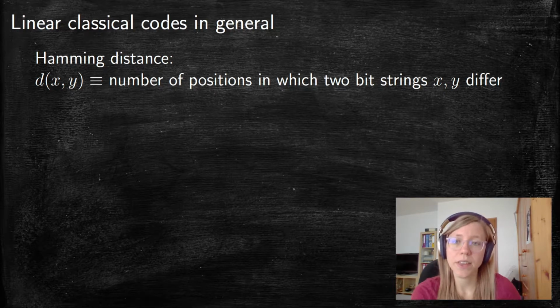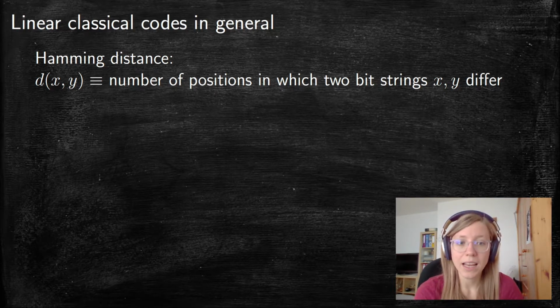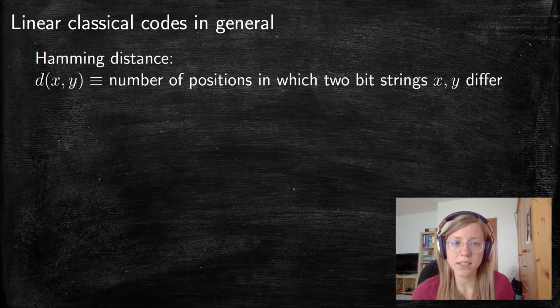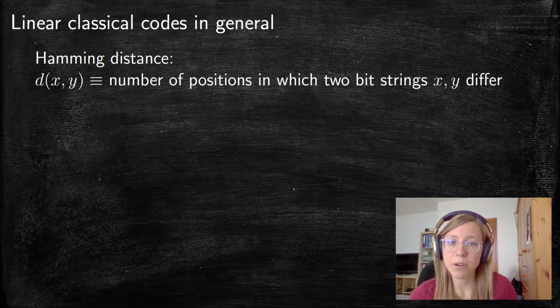But in general, there are linear classical codes that can correct more than 1 error, of course. And we usually use the Hamming distance to see how many errors can occur. So the Hamming distance of 2 bit strings is the number of positions in which the 2 bit strings differ.